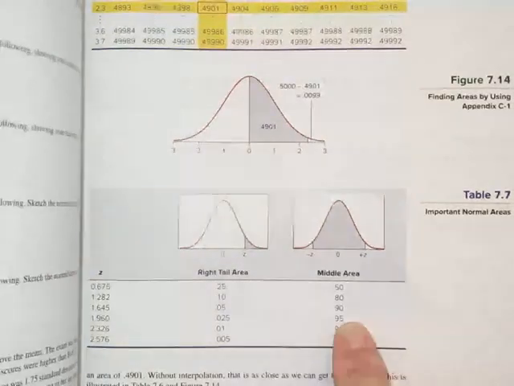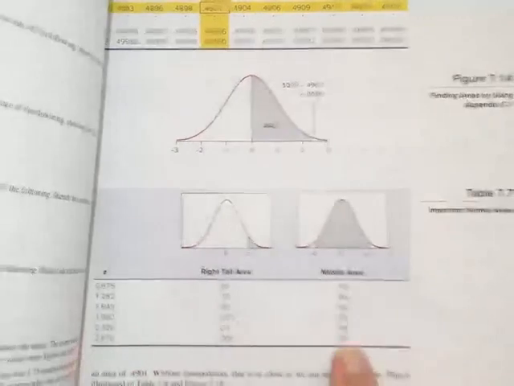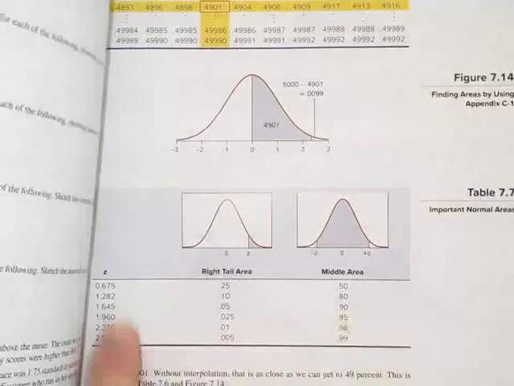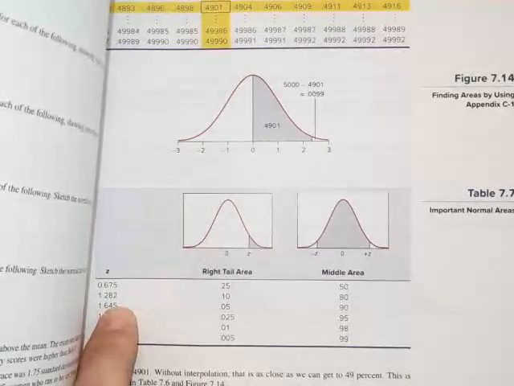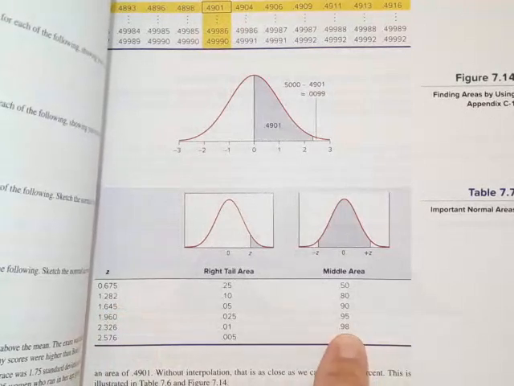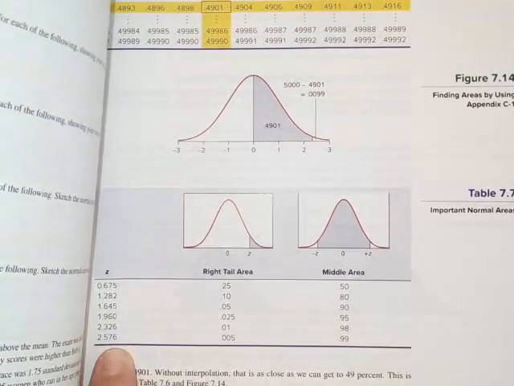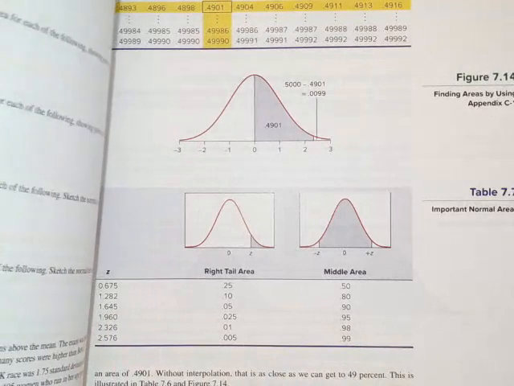So I see the middle 95% goes with 1.96. The middle 90% goes with 1.65. The middle 99% goes with 2.576.